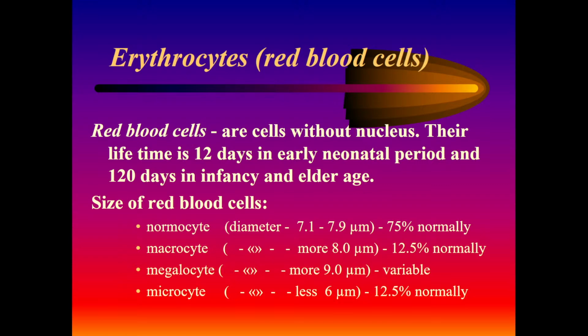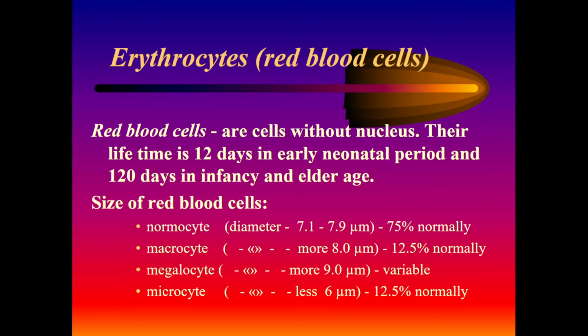Normal size, nearly 75% of all red blood cells, is a diameter between 7.1 and 7.8 micrometers. Macrocytes are larger, more than 8.0 micrometers in diameter, nearly 12.5% normally.